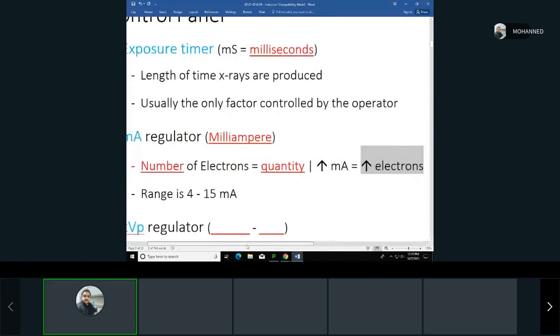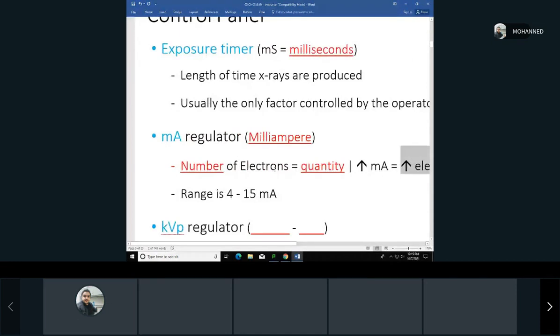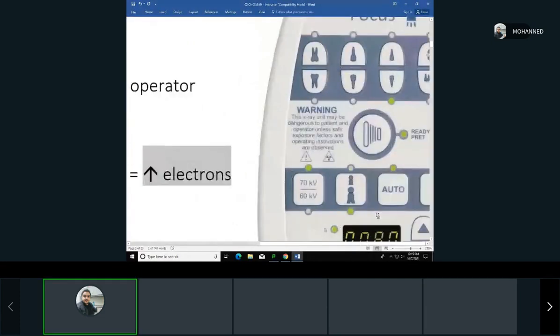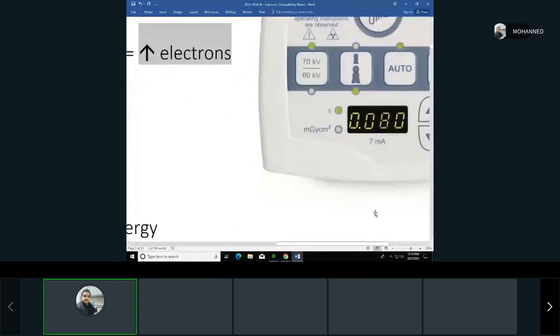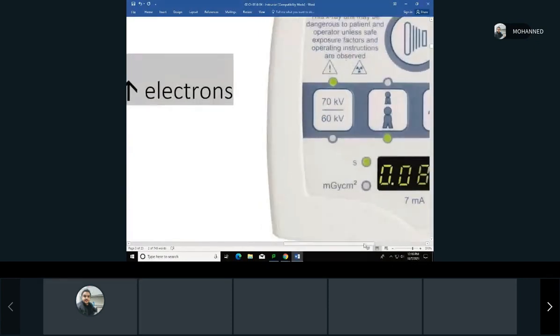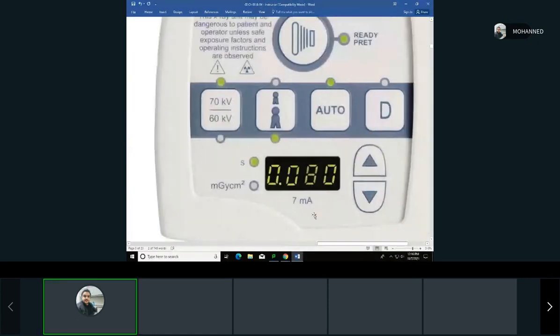The regular range of our X-ray machine runs from 4 all the way to 15 milliamperage. So if you look here on our control panel, what is the milliamperage? 7, right? 7 milliamperage. And the machines that we have in the lab are also 7 milliamperage.